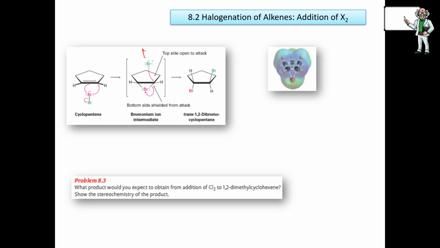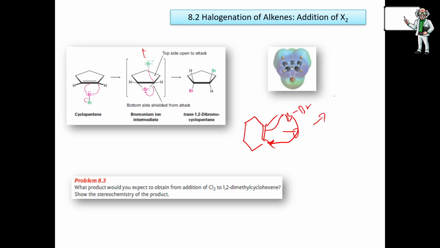What happens if we do this reaction with 1,2-dimethylcyclohexene? I draw the 1,2-dimethylcyclohexene. The first step is the addition of bromine. That means this attacks here, and this is going down.